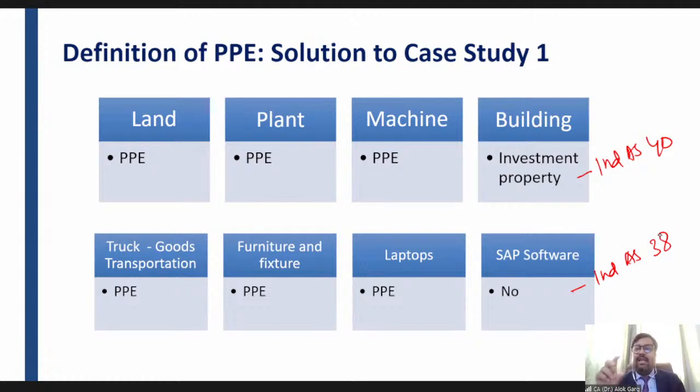Whether this tangible item is held for use in production of goods, answer is no. Whether it is held for supply of goods and services, answer is no. Whether it is held for rental purposes, answer is yes. So such an item is property, plant and equipment, right? Or is it held for administrative purposes, for example, answer is yes. So then it is property, plant and equipment, right? I hope it is clear to everyone, guys.